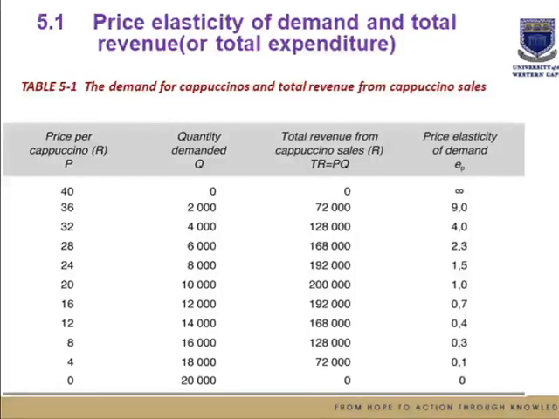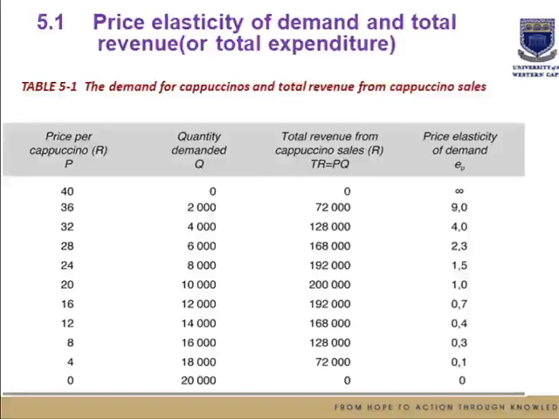Thus, as the price of cappuccino falls from 40 rand to, say, 24 rand, quantity demanded increases and total revenue increases. Secondly, when the price elasticity of demand is equal to 1, then total revenue remains the same.